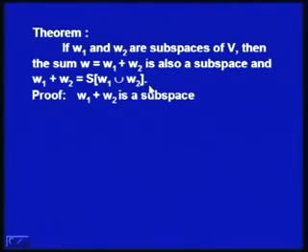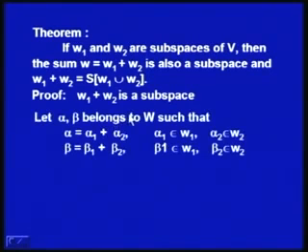Now, to prove this, I will first prove that W equal to W1 plus W2 is a subspace. Let alpha, beta belong to W. Then, since W is W1 plus W2, alpha can be written as alpha 1 plus alpha 2, alpha 1 belonging to W1 and alpha 2 belonging to W2.